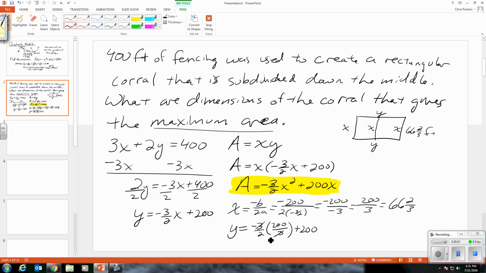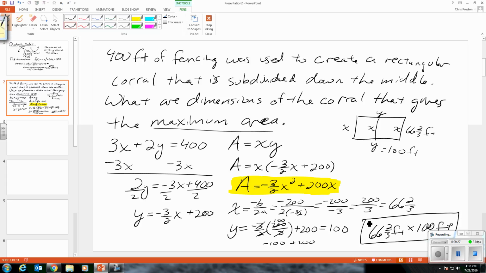So that's going to cancel out. That's going to be negative 100 plus 200, so 100. So this side's going to be 100 feet. So our dimensions are 66 2/3 feet by 100 feet. That's going to give me the maximum area.